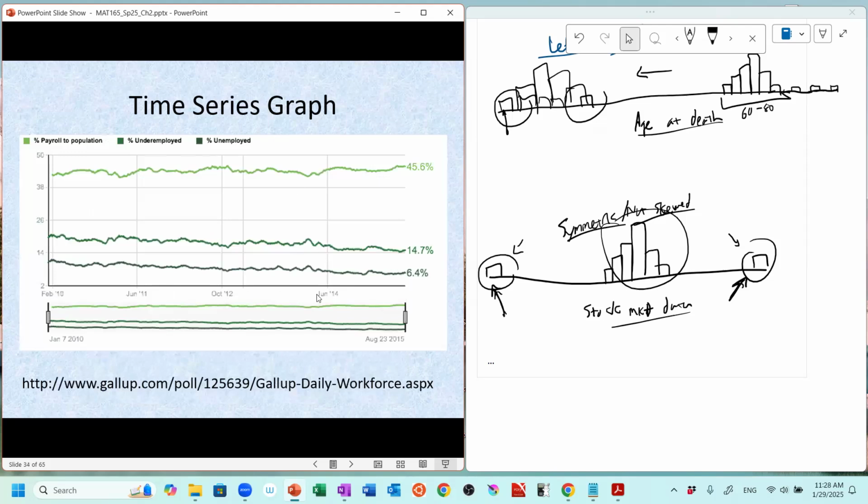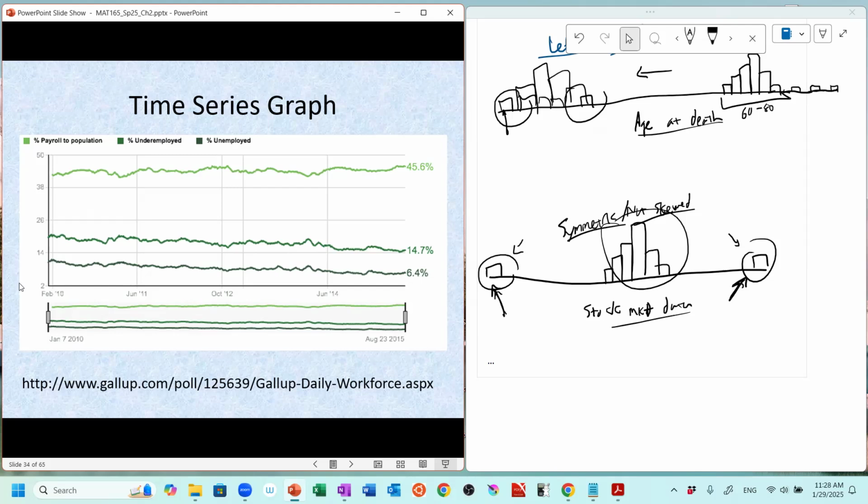A lot of examples here come from finance or economics. Unfortunately, Gallup doesn't publish this anymore. At least I can't find it. It's at least not out there for free. So this is from back in 2010 to 2015. But we have unemployment and underemployment being reported here, as well as payroll population over time.